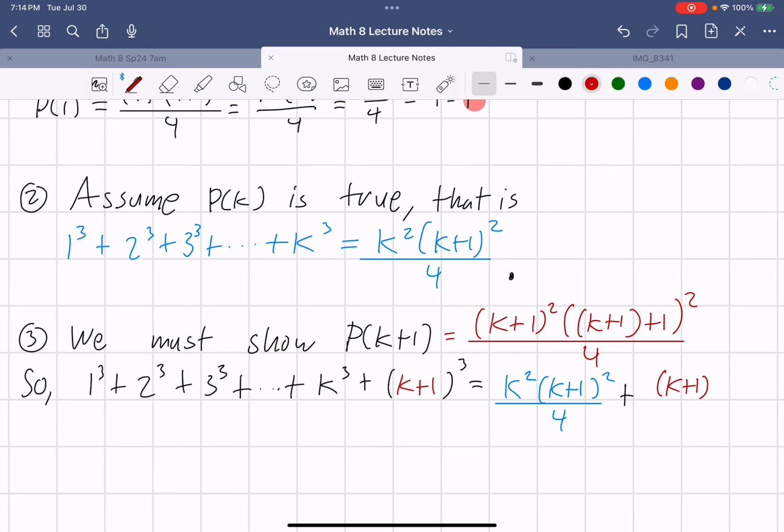k plus 1 cubed. And just like the previous one, I can try to get my denominators to be the same, multiplying by 4. Once the denominators are the same, I can write this all out as one single fraction.